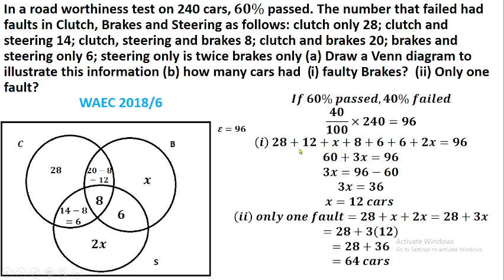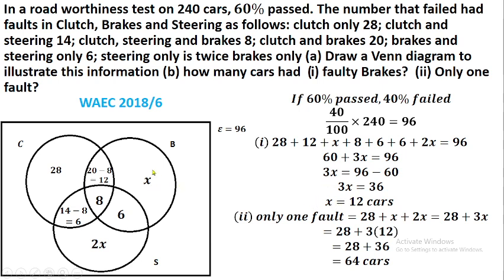Collect like terms: 28 plus 12 plus 8 plus 6 plus 6 will give us 60. x plus 2x will give us 3x equals 96. So 3x equals 96 minus 60, then 3x equals 36. Divide both sides by 3, that will give us 12.